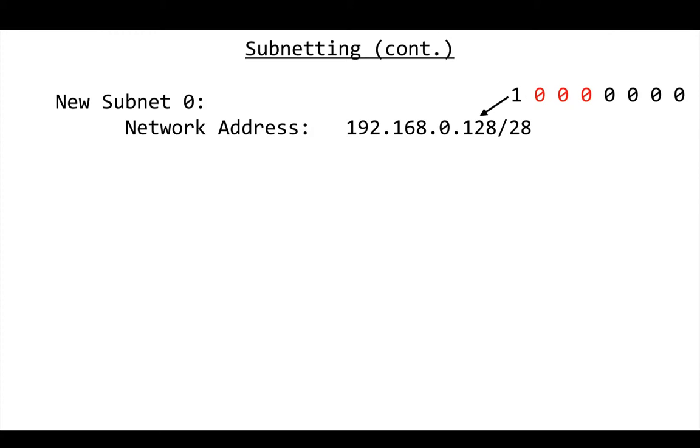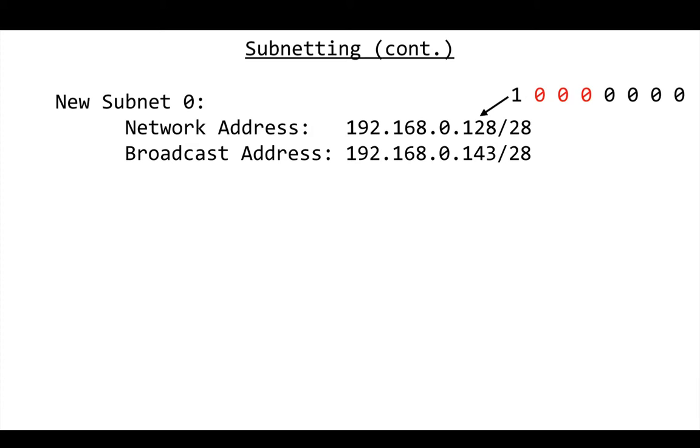So 128 is subnet 0, so the subnet bits are set to 0, 0, 0, and then our remaining bits are 0 because all host bits set to 0 is the network address. The broadcast address is 143.